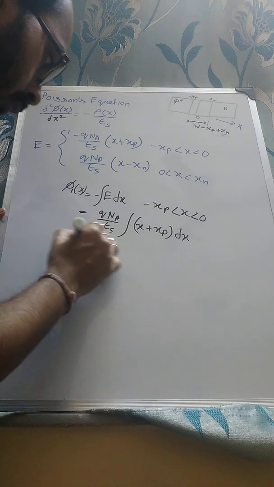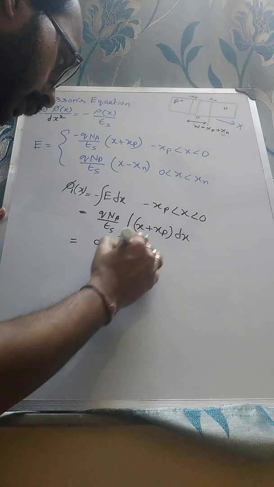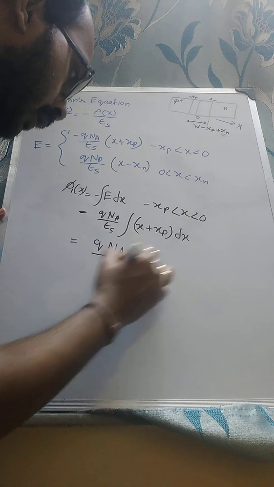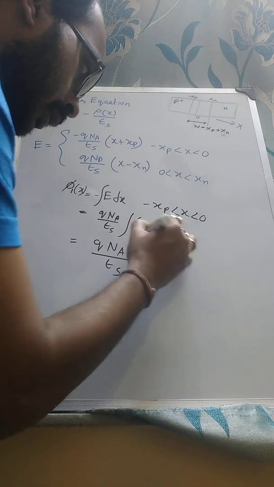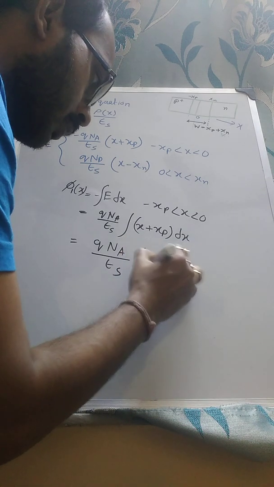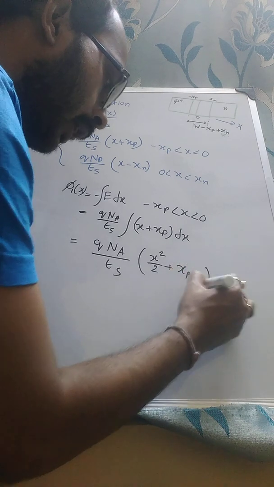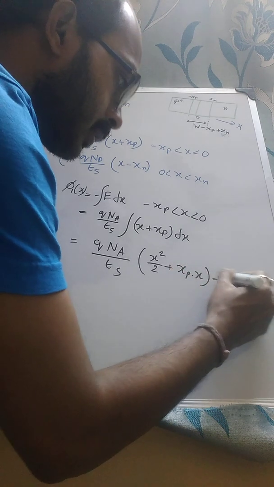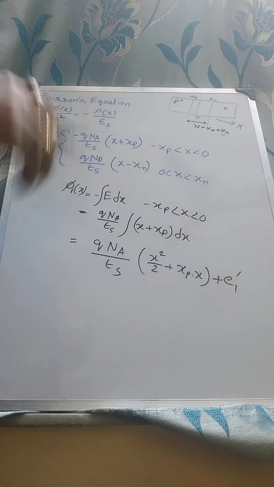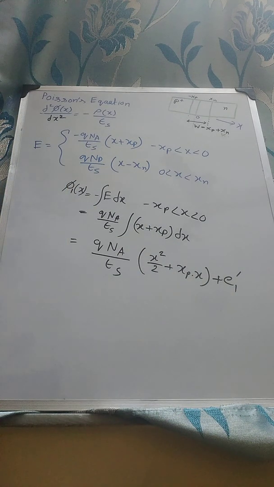So it would be NA over epsilon S, now x would give you x square by 2, and this would be Xp times x, plus an integration constant, right?